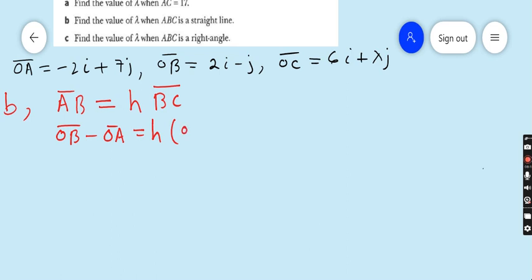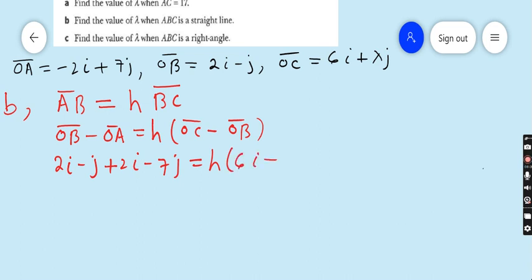BC. What is BC? It is OC minus OB. OB is 2i minus j, minus OA, which is minus 2i plus 7j, so it is plus 2i minus 7j, equals h times OC, which is 6i plus lambda j, minus OB, which is 2i minus j, so it is minus 2i plus j.